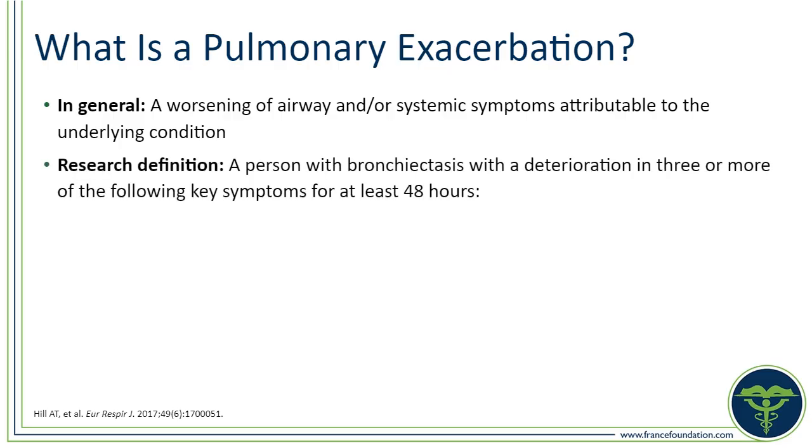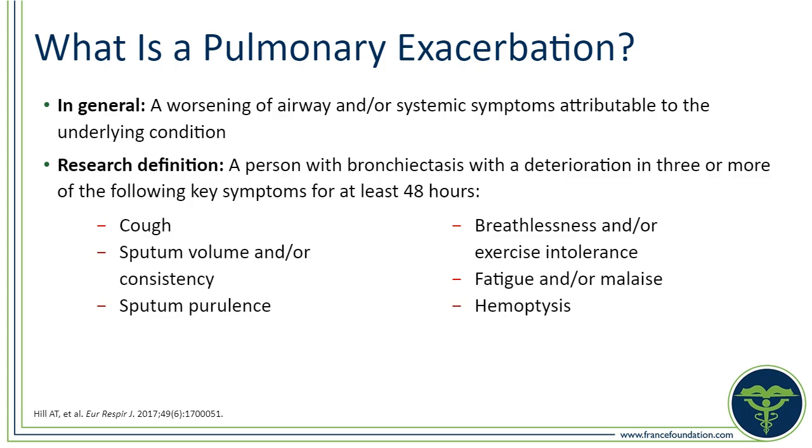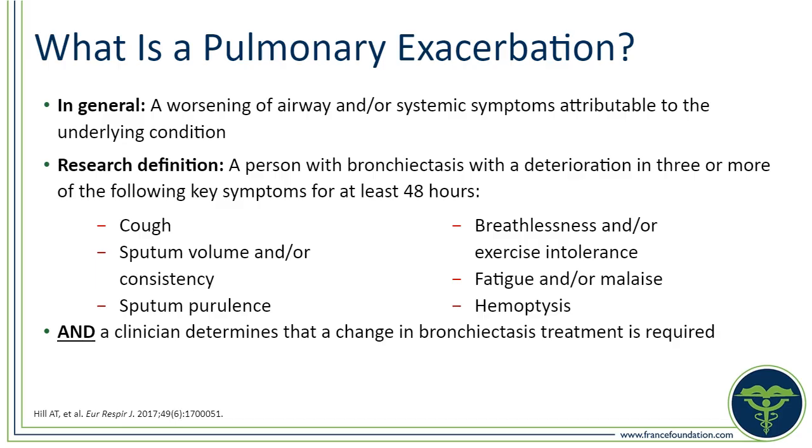This is classically defined as a bronchiectasis patient with deterioration in 3 or more of the following key symptoms for a duration of at least 48 hours, and this can include cough, sputum volume or consistency, sputum purulence, breathlessness, decreased exercise tolerance, fatigue, or hemoptysis. And at this point, a clinician will determine if a change in the bronchiectasis treatment is needed.